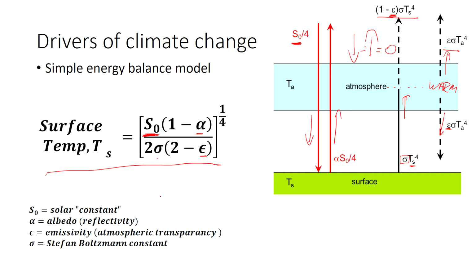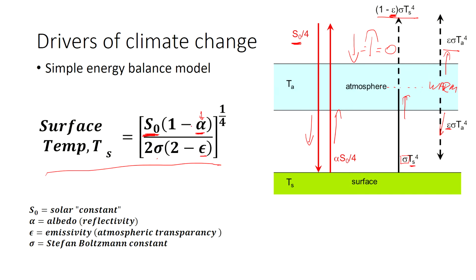What this allows us to show is that the Earth's climate changes if we change any one of these parameters. If we increase the power of the sun, which is on top of this equation, the temperature should go up.